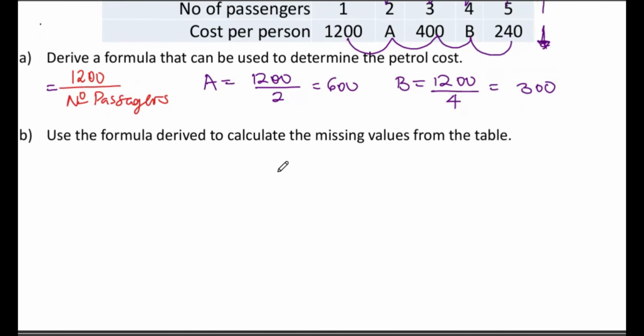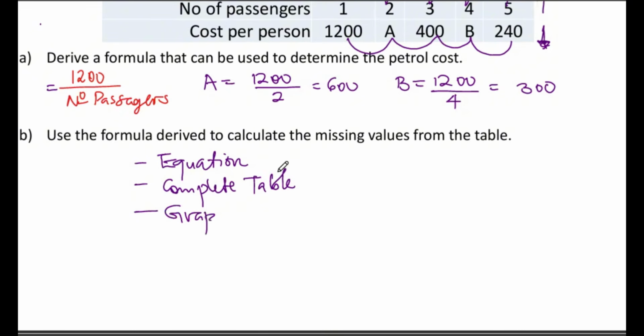From here, we shall go and see. You have to know that in patterns and relationships, the scenario always asks you to create what we call an equation. Number 2, you need to complete a table. There will always be a table there. Now it's from this table that we shall have graphs.